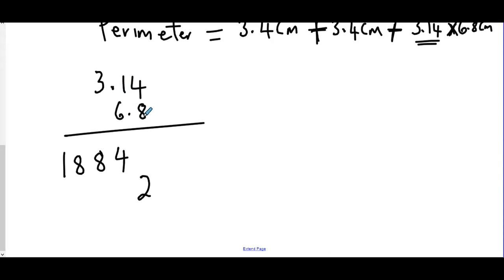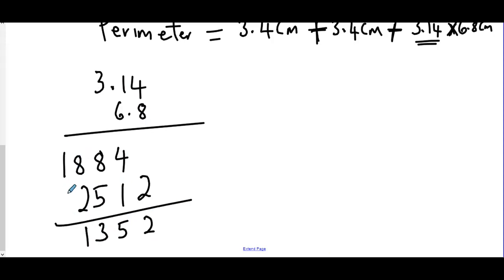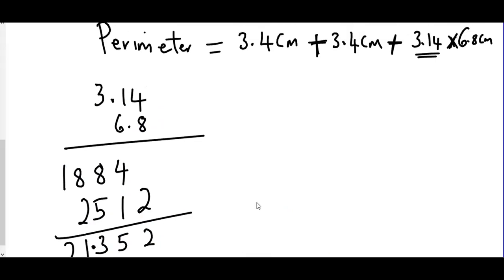That is 2, and then 11, carry 1. This is 24, 25. Can you see that? This is 2. This is 5. This is 13, carry 1. This is 10, 11, carry 1. This is 2. How many decimal places are there? I have 1 here, I have 2 there. So total will be 3 decimal places. So 1, 2, 3. Keep a decimal point there. See that?